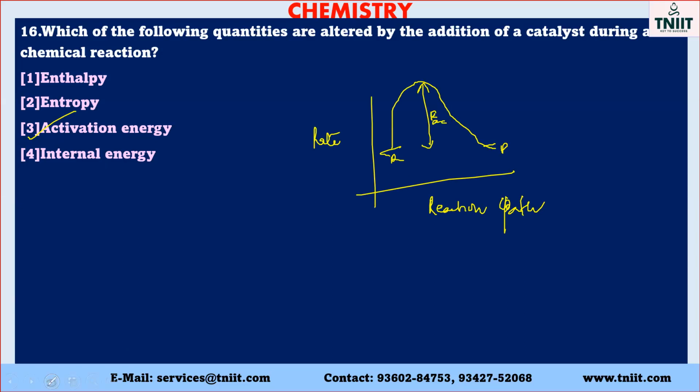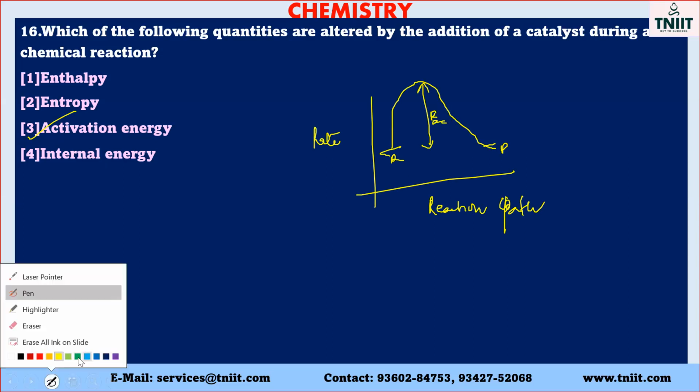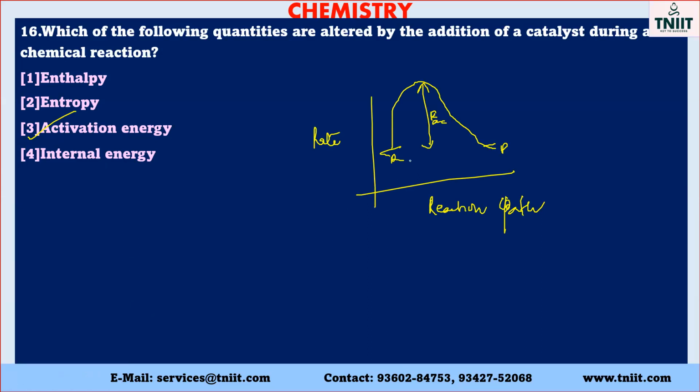But when we perform the same reaction in the presence of a catalyst, it takes a different path by reducing the energy of activation. This is in the presence of catalyst, and this is in the absence of catalyst.